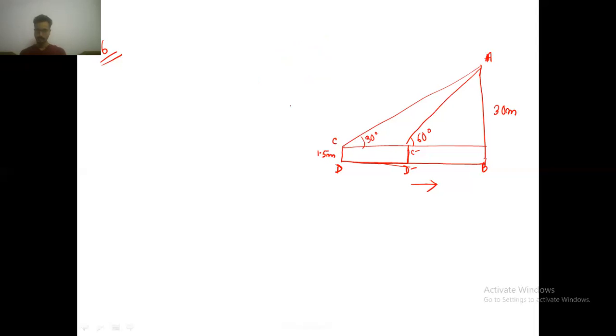Let the boy standing at point B, sorry, at point D initially.